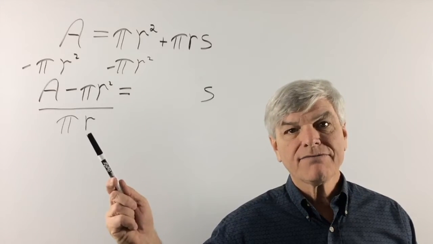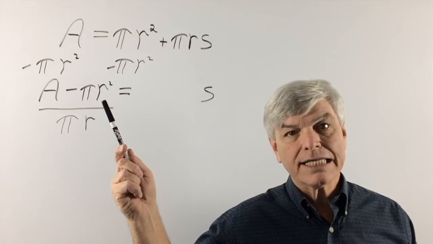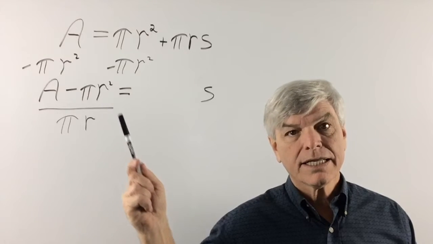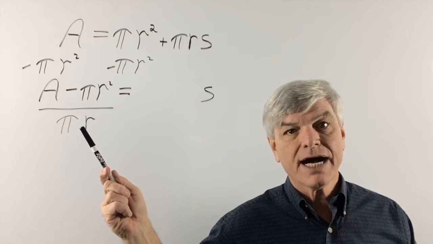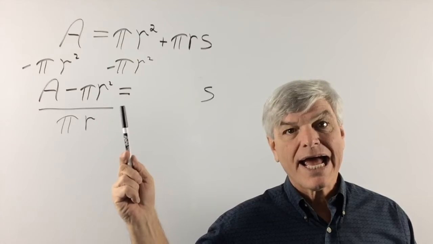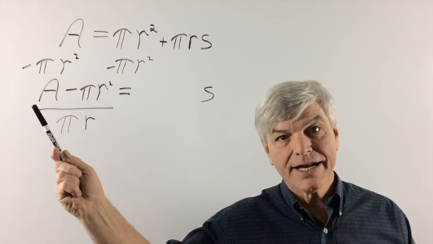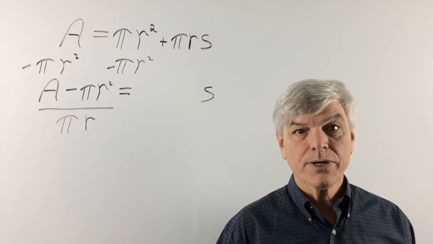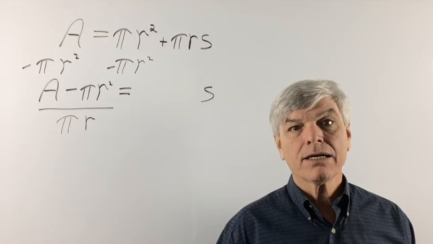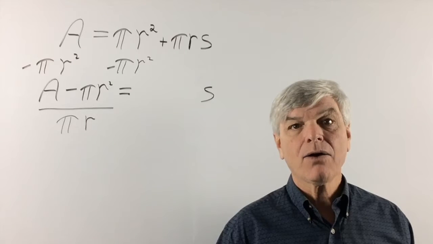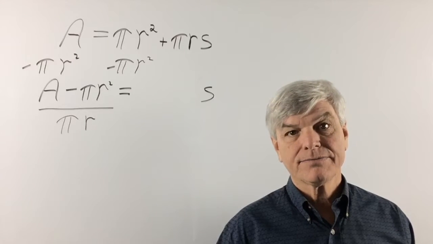Now do not divide this into this. Unless you can divide the denominator into everything above the line, then you don't do it. And since we can't, we're going to leave it right as it is right now. And that is our answer.